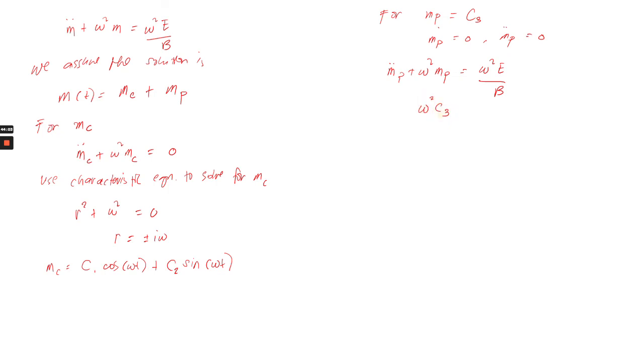M_p is c3, which is equal to omega squared E over B. So c3 is just E over B.